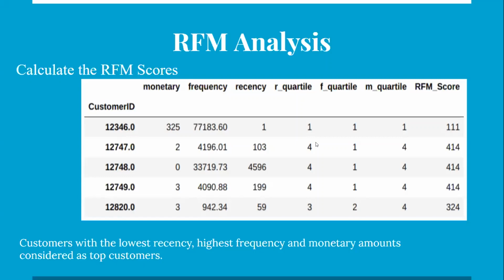For those that had an RFM score of 414, for example, the 4 represents that it had been a while since they last purchased, though they purchased frequently, and they also didn't have high monetary value.